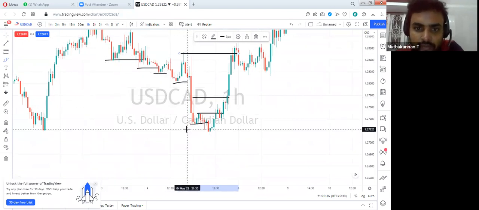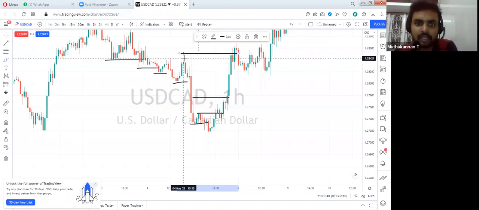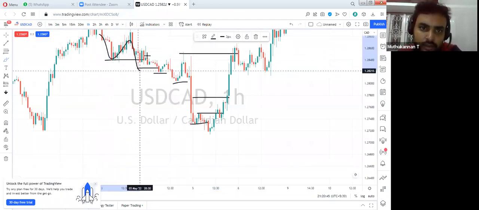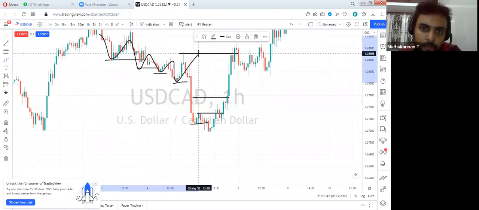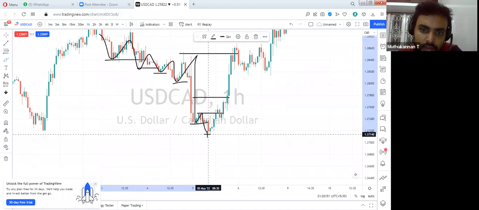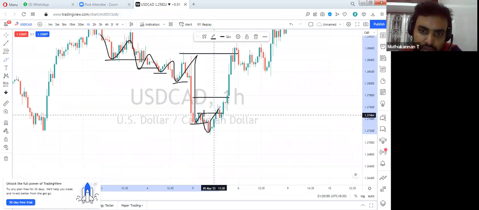Now, when you see this first instance, it was a completely downtrend, and suddenly you are seeing the breakout structure to the upside.